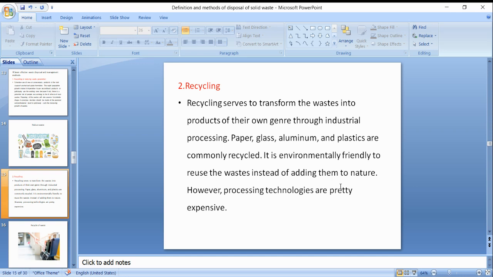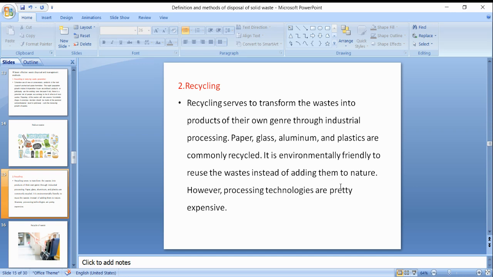Paper, glass, aluminium, and plastic are commonly recycled. So generally, the things recycled are paper, glass, aluminium and plastic. It is environmentally friendly to reuse the waste instead of adding it to nature.